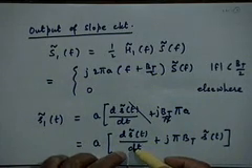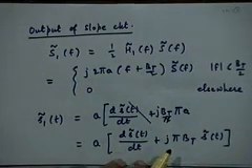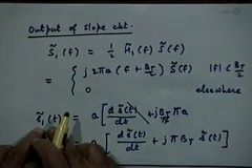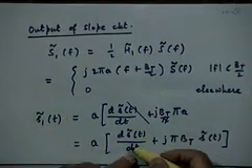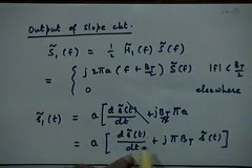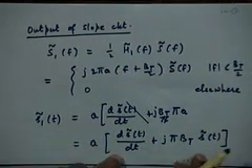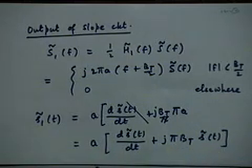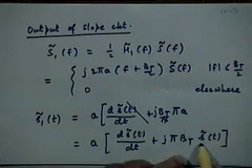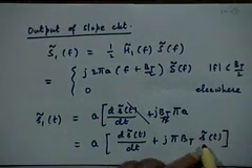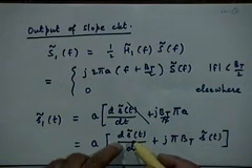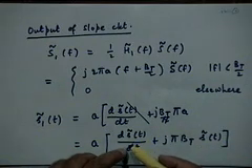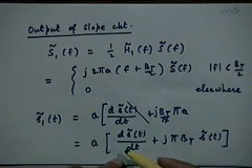Some form of differentiation comes into the picture, ds tilde by dt, and because of that your output envelope will have, not only because of the derivative but also because of this term, variations. Through both these terms you can see that if the input signal itself has envelope variations, they will be either passed on as such to the output, or worse still they will be accentuated because of the derivative operation here.